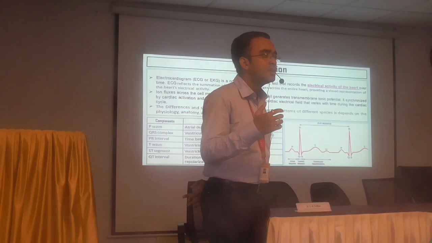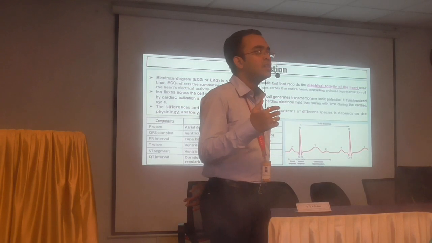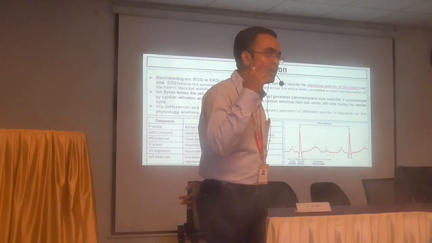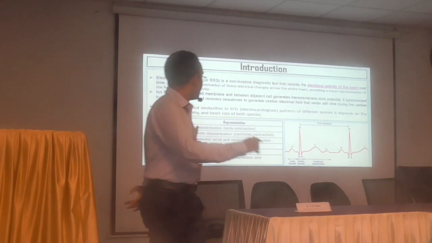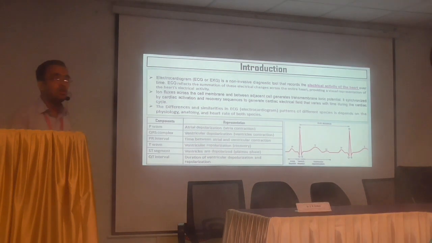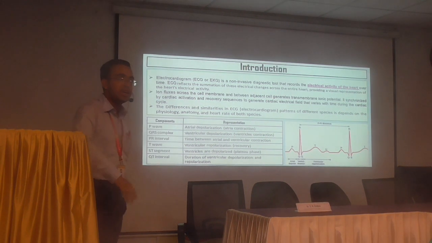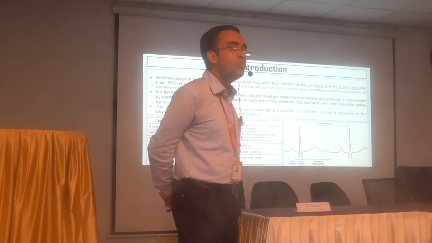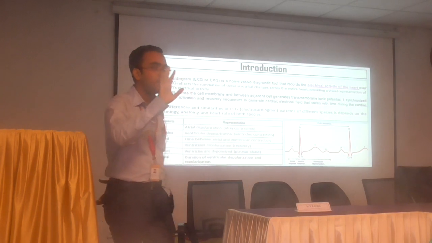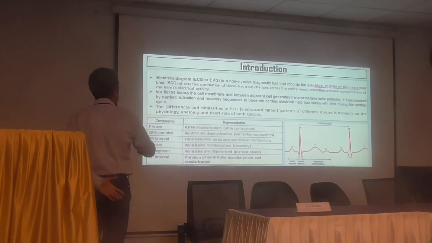And when it is more than 100 beats, then it's called tachycardia. Exactly. Then that is denoted by the QRS. In case of ventricular tachycardia, the abnormality is shown in the QRS complex. Is that clear? And there are several intervals.